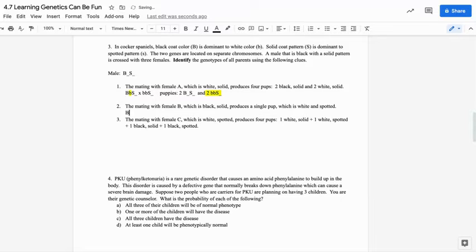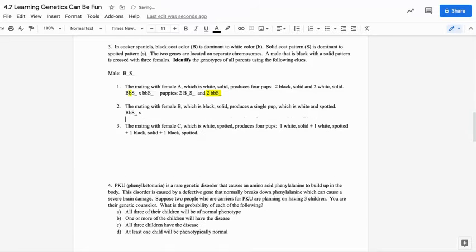Okay, same thing. So now we know this about the dad, right? So let's just go ahead and fill in what we know. So that's the dad. This female is black and solid. So black, we just know that. Solid, we just know that. So it looks like the other female in terms of phenotype. What do the puppies make?